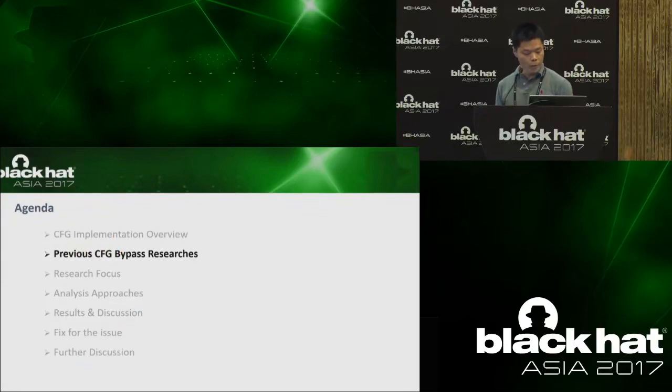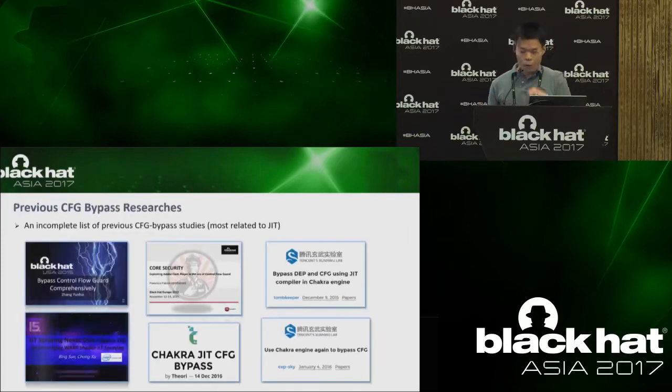Now I would like to talk about some previous work on CFG bypass. This is what we believe is an incomplete list of previous research work on CFG bypass studies. For example, Yunhai Zhang presented his work on bypassing CFG comprehensively at Black Hat USA 2015. All these files are related to JIT compilers.